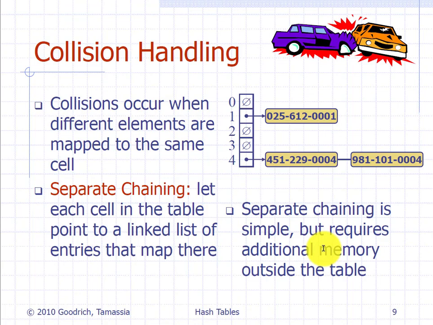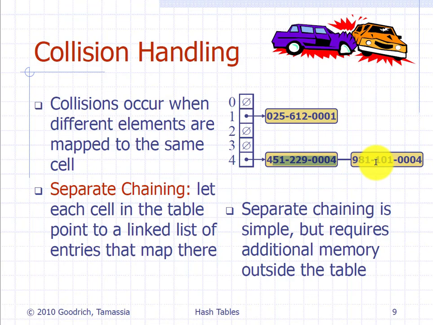But let's now talk about our social security instance where we had two people who hashed to the same place. Like I said, you could have a social security number which ends with a 4, and there could be another one that also ends with a 4. So we need to consider what happens in this case. When this happens, it's called a collision.